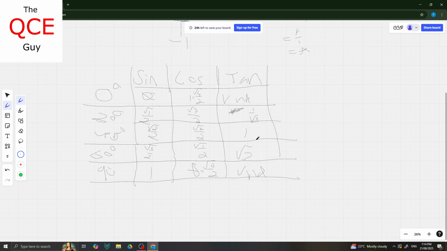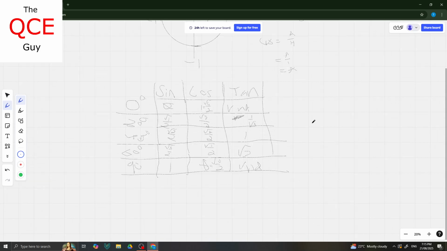And the cool thing is, imagine your root 3 starts at the bottom as the denominator, and then it comes to the top. All of your 1s shift down to the bottom. It can be 1 on root 3, 1, root 3 on 1. But yeah, that's basically all the exact values you need to know.